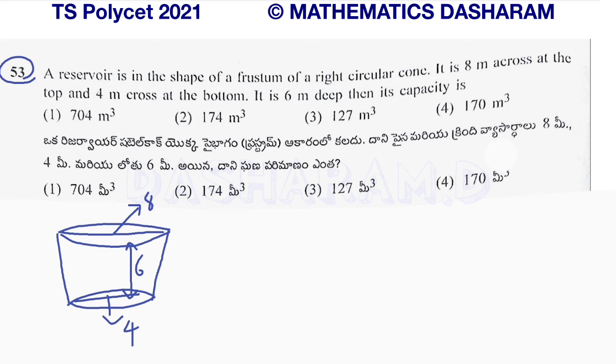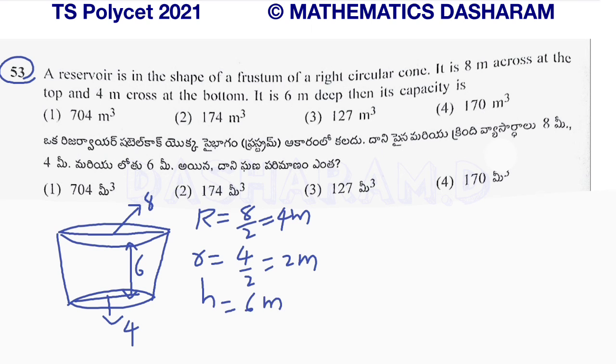Then from this, let us find the radius. Capital R equals 8/2, 4 meters. Next, here also 4 is a diameter. From this, radius small r equals 4/2, which is equal to 2 meters. Deep is given, so h equals 6 meters.